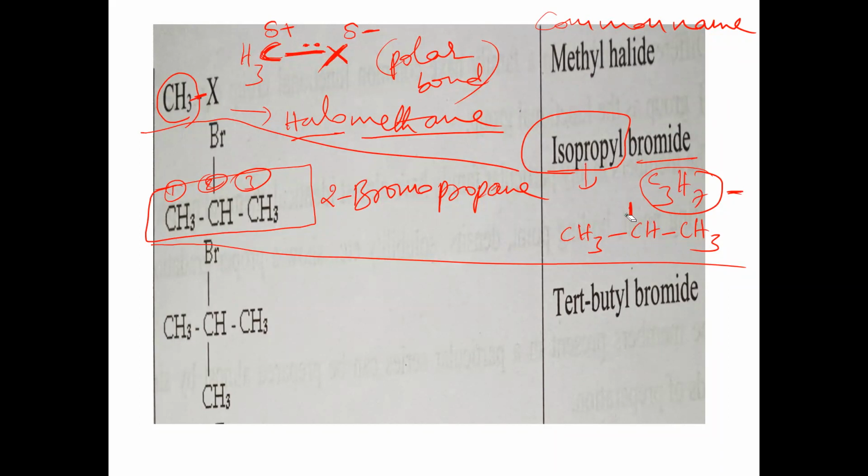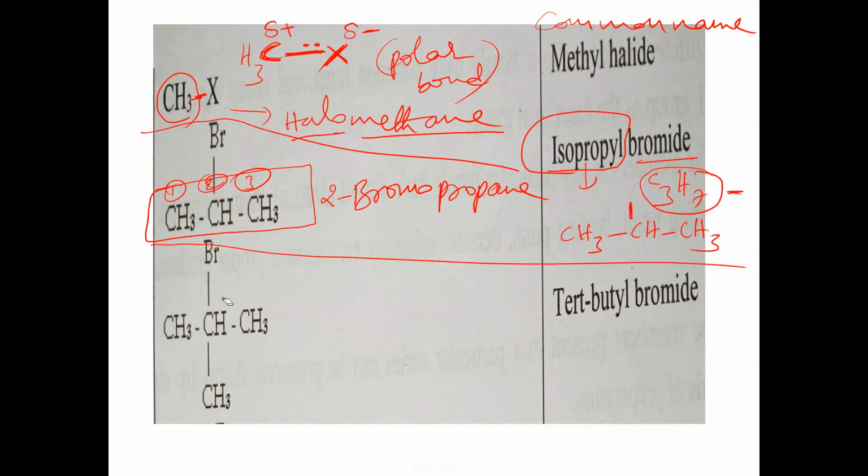In this propyl, if the last-but-one carbon has the free bond, it is called isopropyl. To this isopropyl, bromine is attached, so it is called isopropyl bromide, the common name. The IUPAC name is 2-bromopropane.